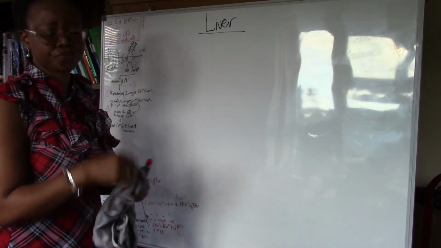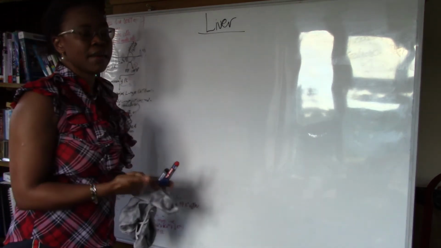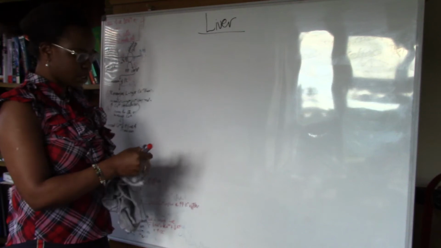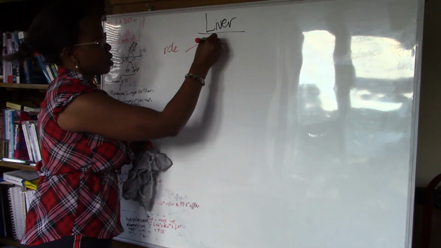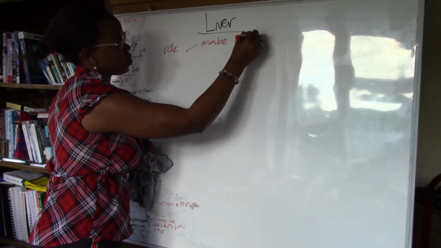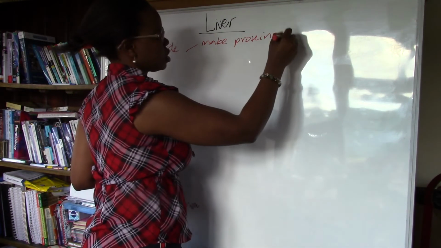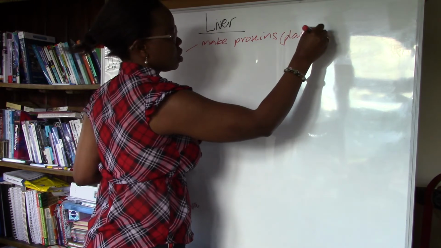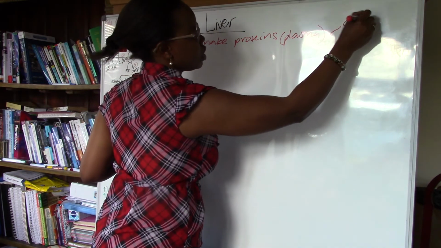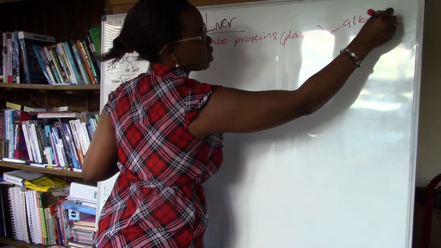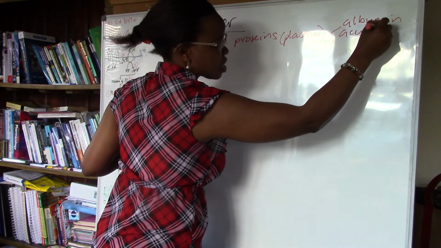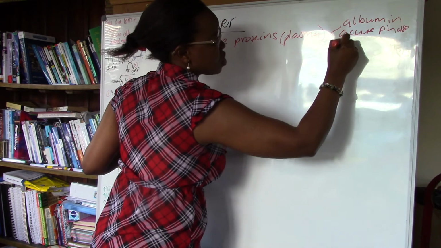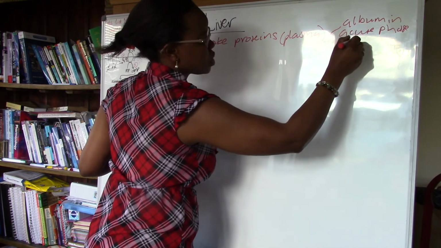It makes proteins, a lot of proteins, plasma proteins, shall I say, such as albumin. It also makes acute phase proteins, which I'm not really going to go into because I want to do this properly.